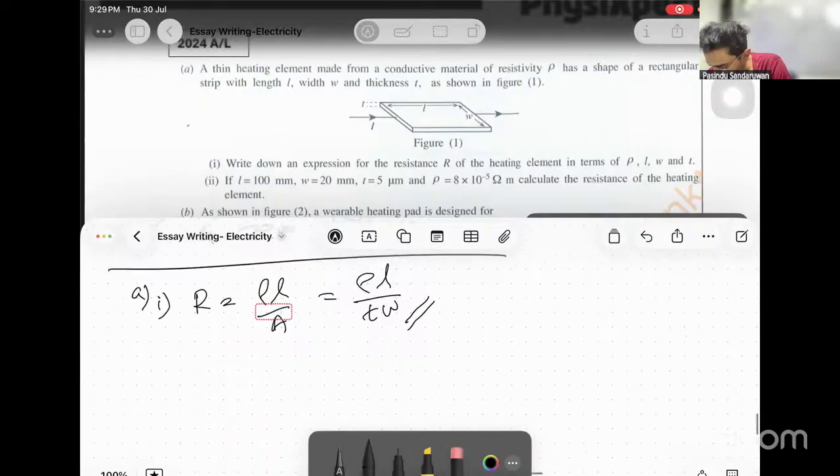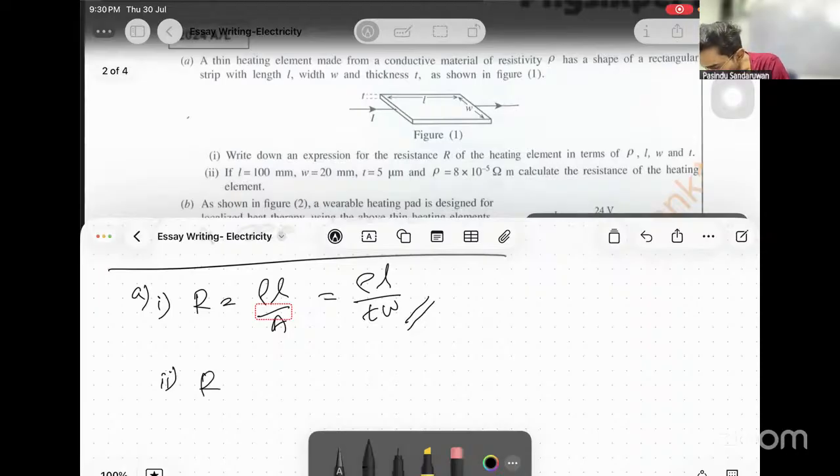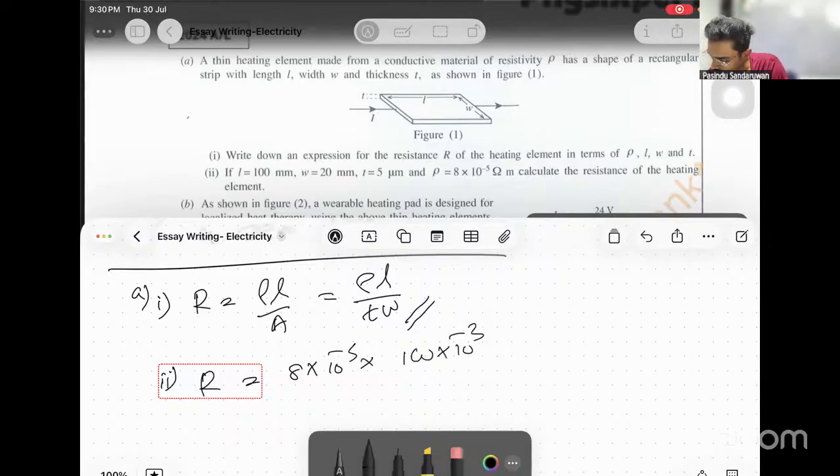Next, calculate the resistance of the heating element. Then R equals, plugging in these values, rho is 8 times 10 to the power minus 5, length is 100 millimeters, 10 to the power minus 3, over W is 20 millimeters, T is 5 micrometers.